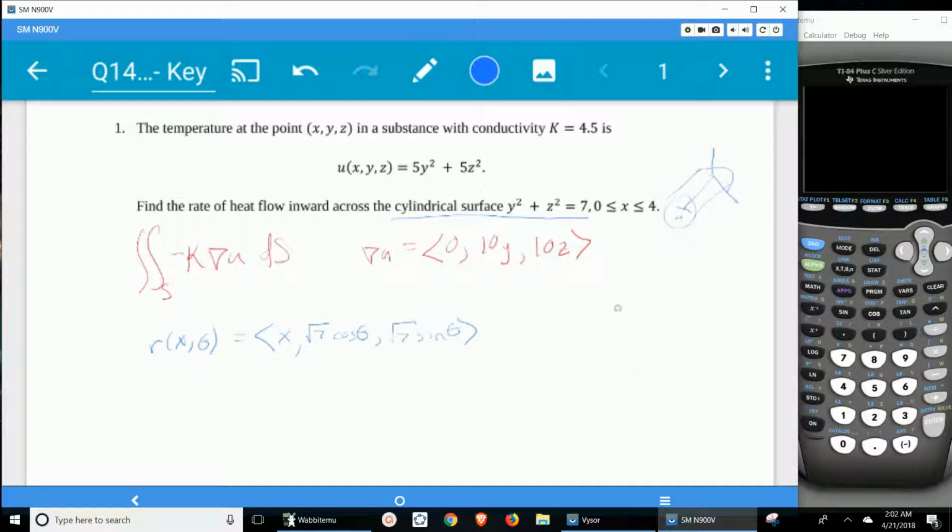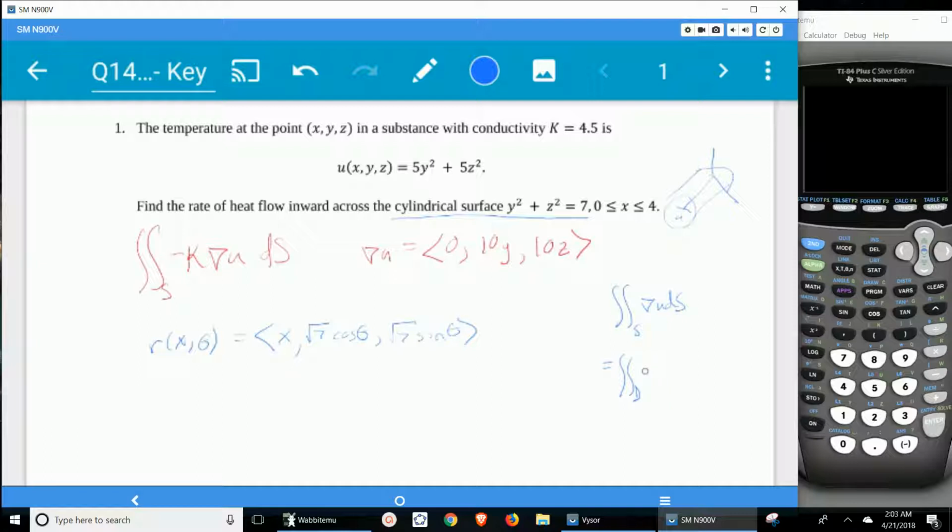Ultimately, in order to do this surface integral of the gradient of U dS, we want to use the equivalent form over the region in the xy plane.